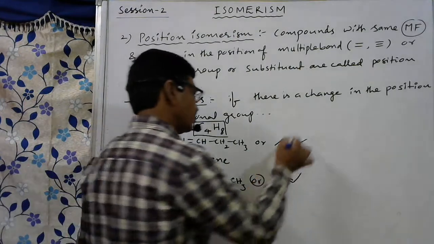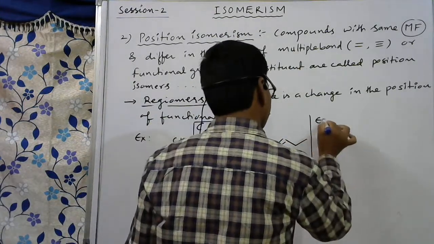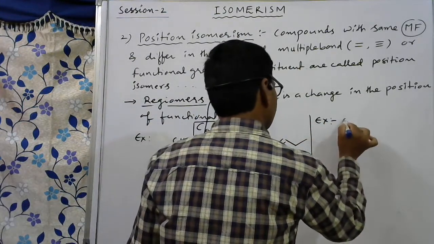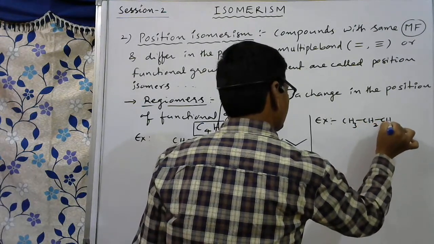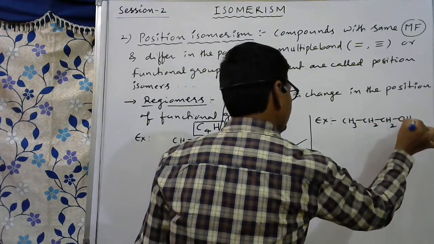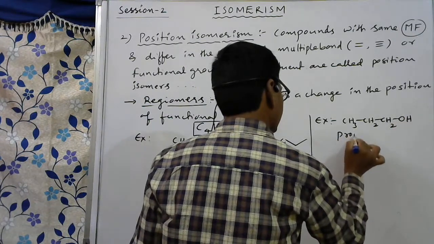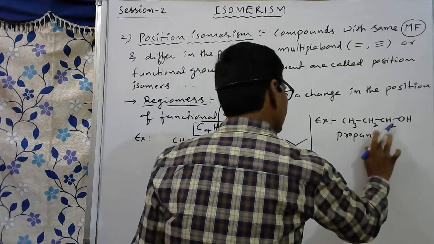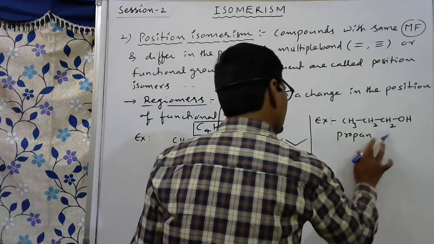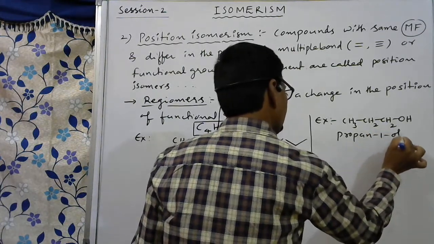See here, I am writing one more example. CH3, CH2, CH2, OH. This is propan-1-ol, or propanol.